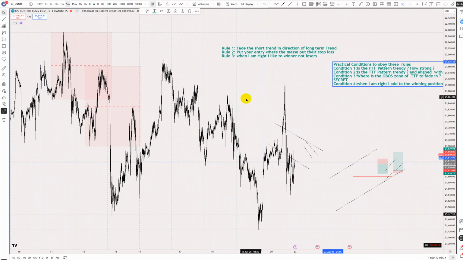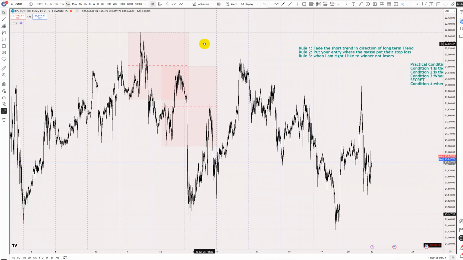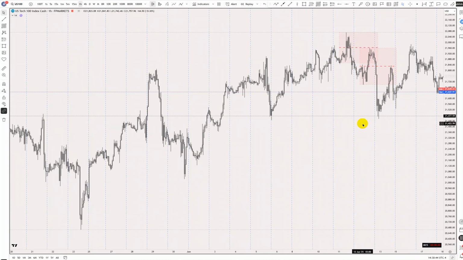Just bear with me for a second. Here we have a 1 hour chart. Sorry, this is a 5 minutes chart. These red ones are based on this 1 hour chart. Please look at this one.